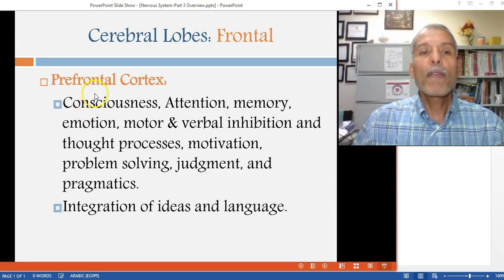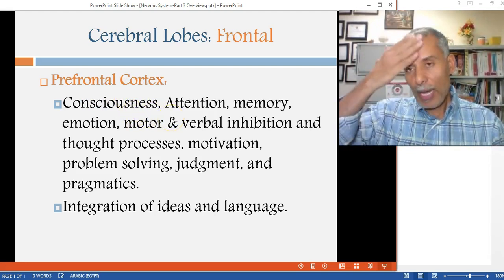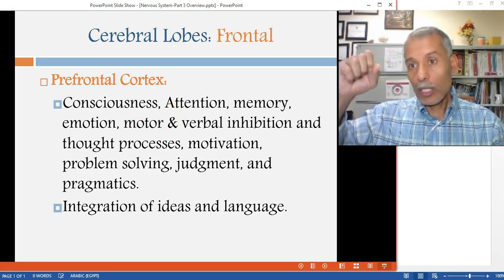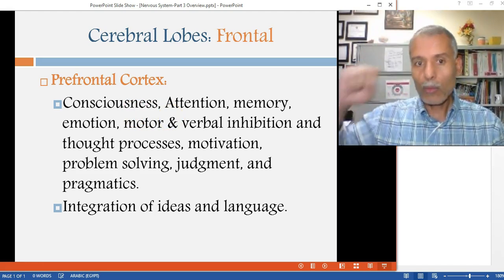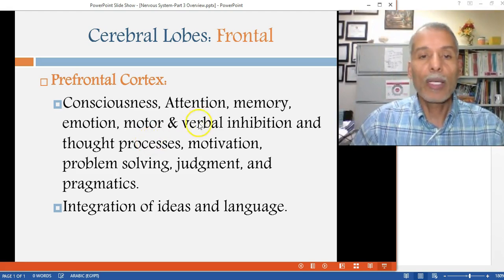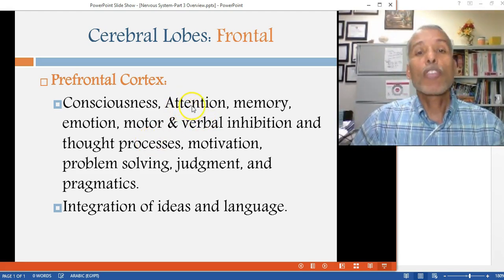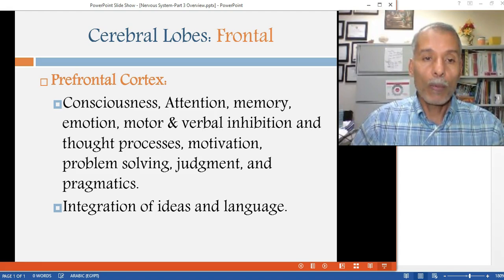The prefrontal cortex is very important for consciousness. If someone receives a hit here, if it's a significant impact, they could lose consciousness momentarily. It is critical for attention regulation, for working memory, for emotional processing, and emotional regulation, taking charge of your emotions.